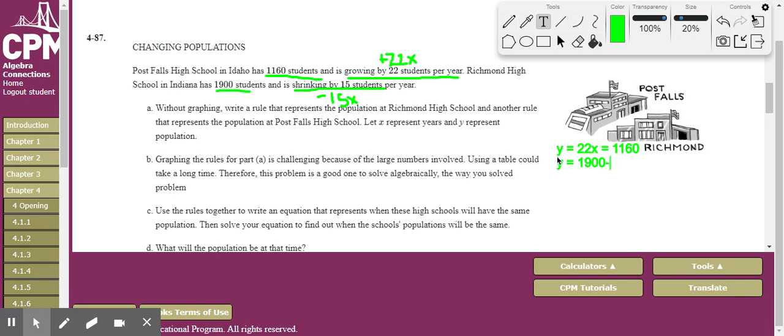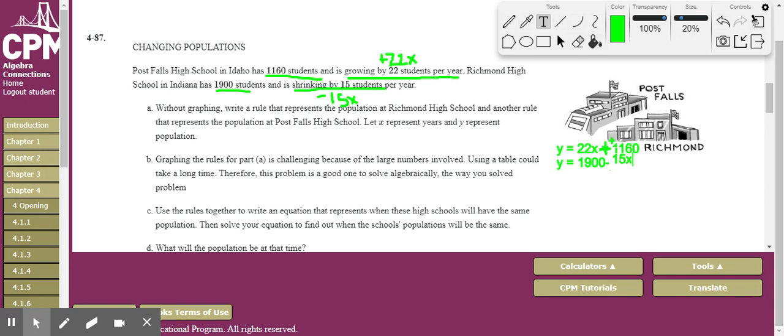I made a little mistake, that should be a plus. Looks like it's going to let me erase that, but that should be plus 1,160. Sorry about that. And then for this one, we have 1,900 minus, and they're losing 15 students per year, so 15x.